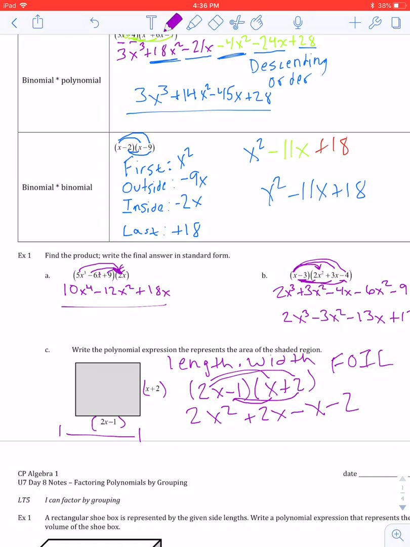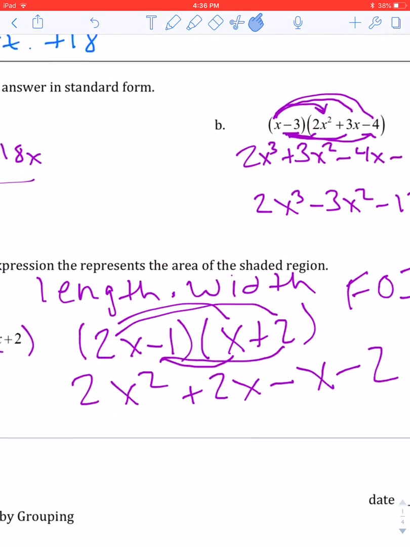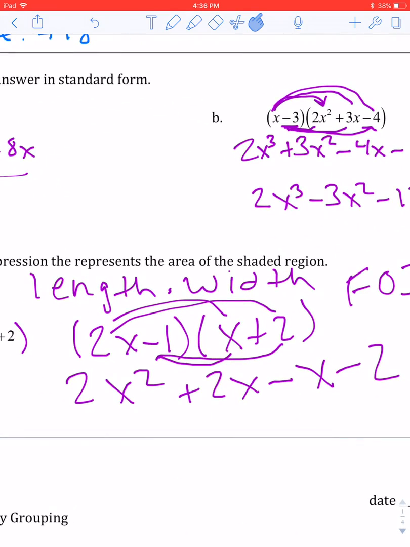From here we're just going to combine like terms. I'm going to zoom in a little bit so I can have more room to write. Okay? I've got 2x squared plus 2x minus 2. I see that this term right here is the only one with a degree of 2, and that is the highest degree. That's going to be my leading term for the final expression, which is going to be 2x squared.